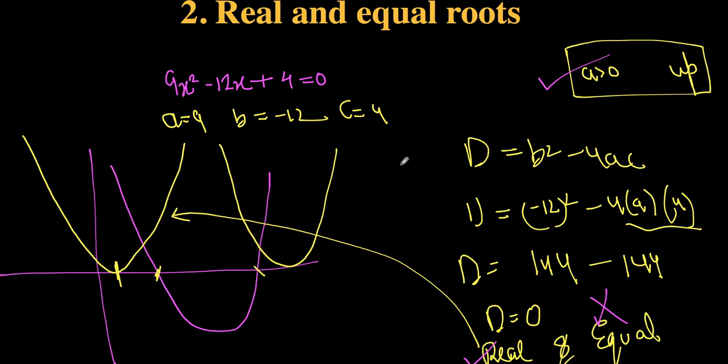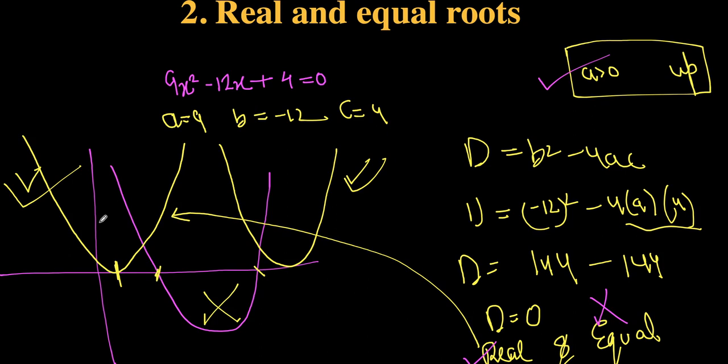We are just guessing whether the roots will be equal or not. So these two are the conditions for equal roots. If anytime you are getting equal roots, the graph should just touch the x-axis. So this is wrong, but these two are right. Hope you understand these real and equal roots.